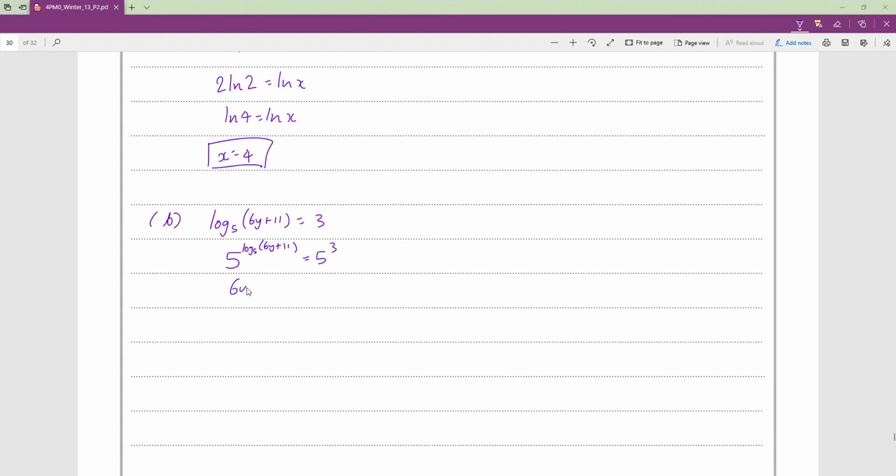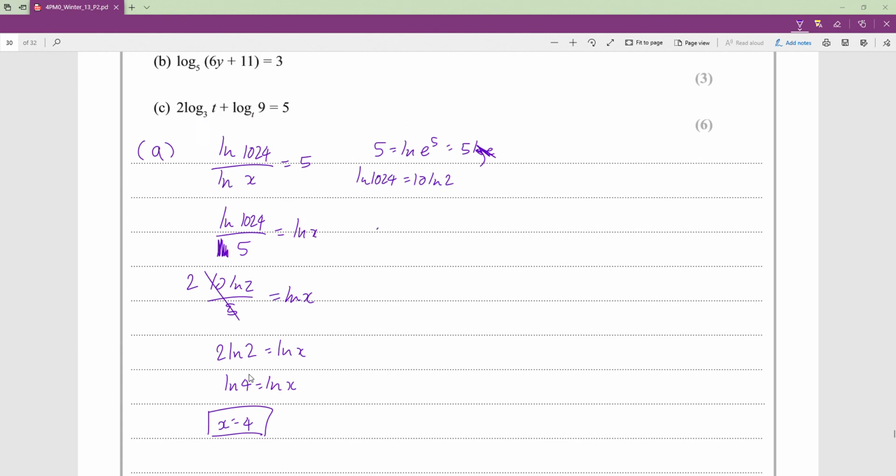And in this case, 6y plus 11 is 125. And yes, it becomes trivial from here. It's just a linear equation. So subtract 11 from both sides, you get 114, and then divide both sides by 6. You get 19. Y is 19.